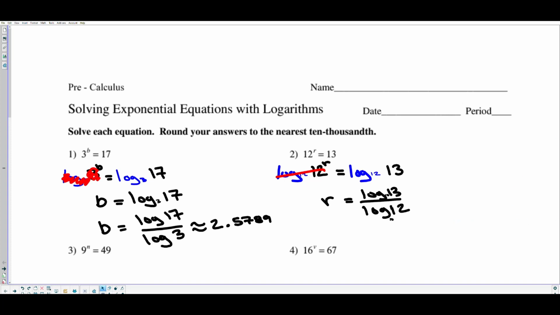So it's just log 13 divided by log 12. You get 1.0322, and that's all we're going to write. So this is approximately 1.0322, because that is 4 decimal places.